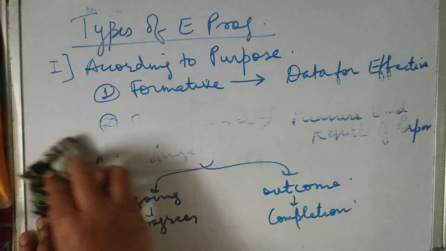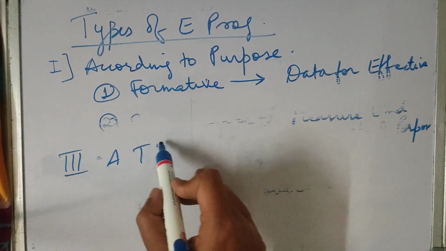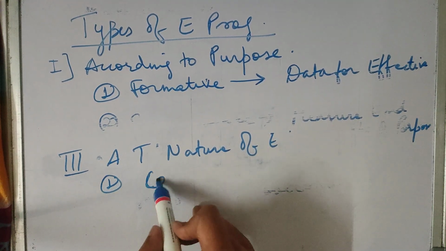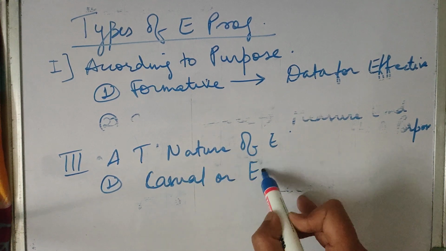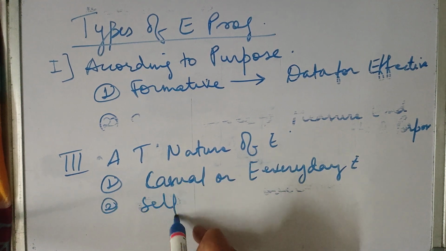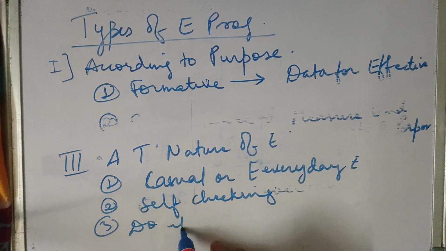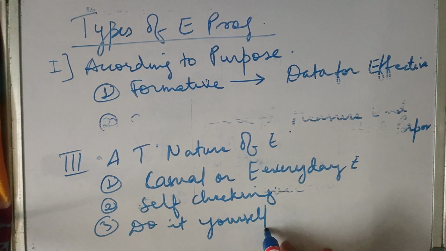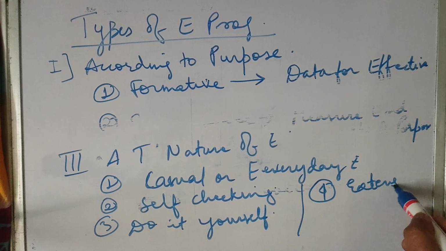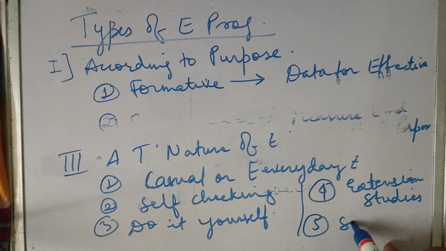Now moving to the third type, that is according to nature of evaluation. These are casual or everyday evaluation, self-checking, do it yourself, when the extension officers do it by themselves, extension studies, scientific research.